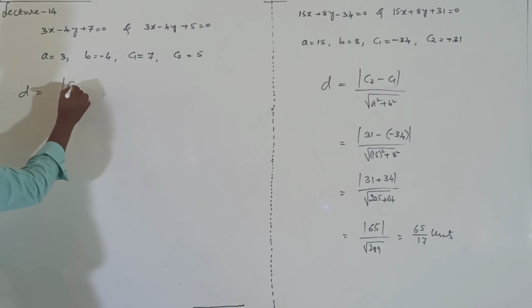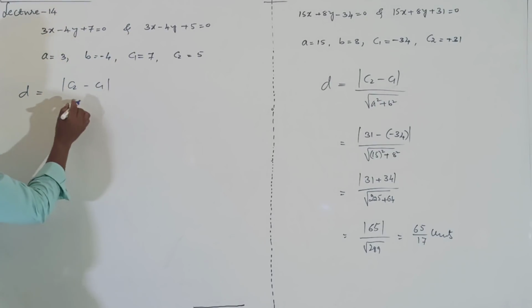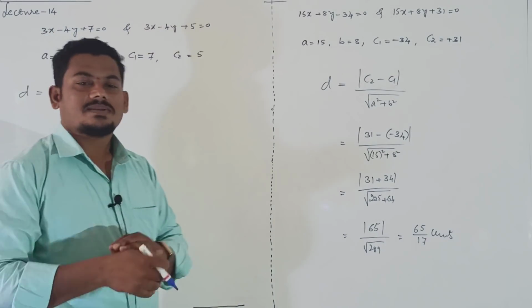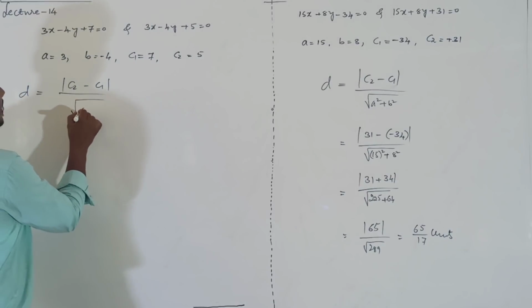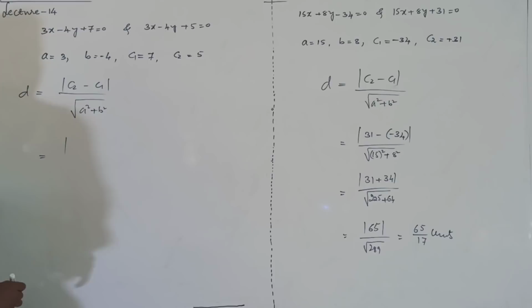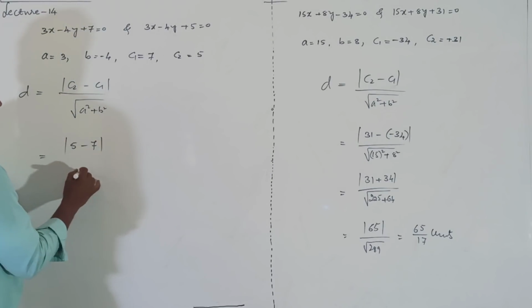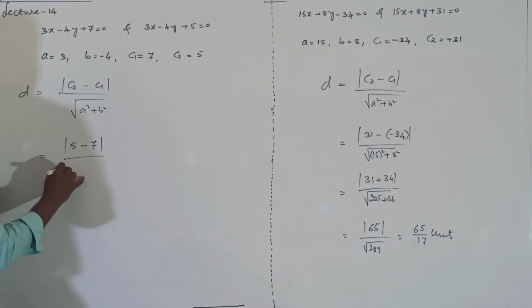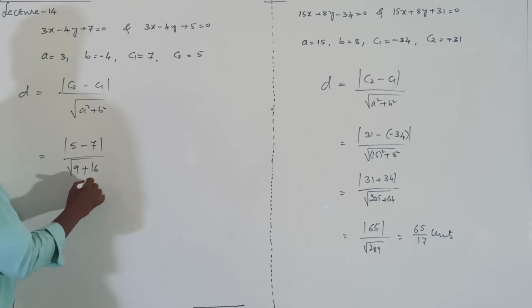D is equal to modulus of C2 minus C1. Why should we take the modulus? Because distance is positive. Divided by square root of a square plus b square, right? That's equal to modulus of C2 value, 5, minus C1 value 7, whole thing divided by square root of a square, that is 9, plus b square 16.